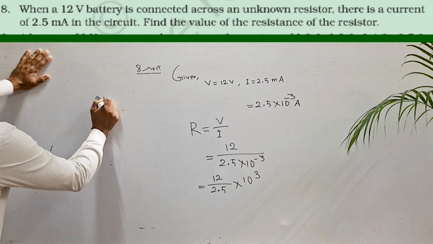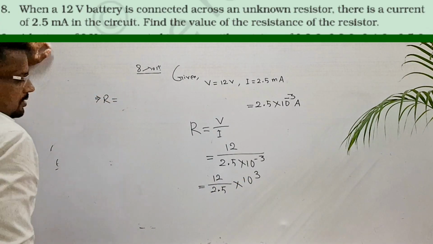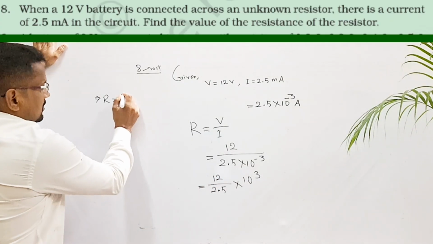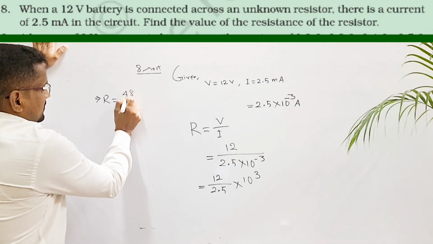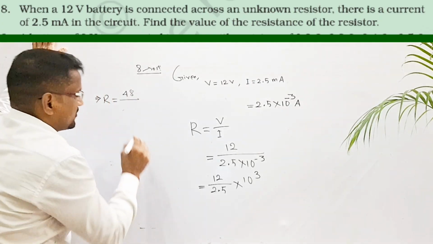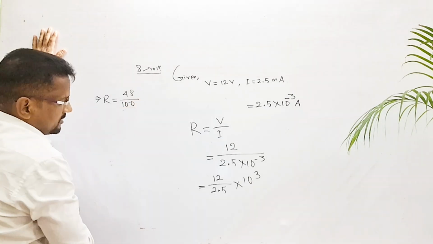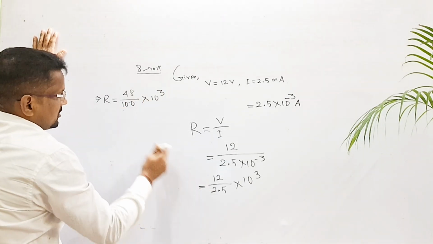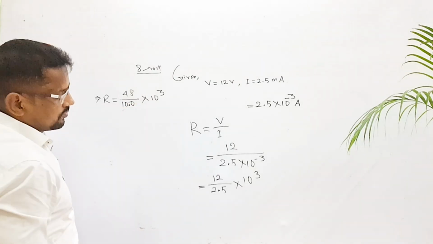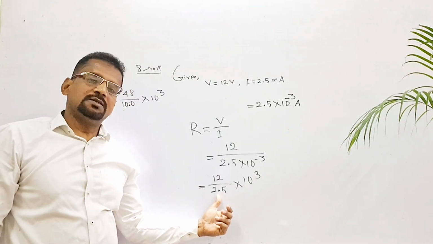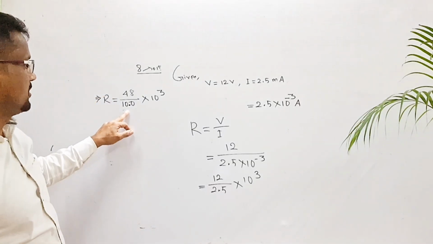Do one thing, multiply the numerator and denominator by 4, it will be easier for you. So 4 twelves are 48, and 4 into 2.5 is 10.0.